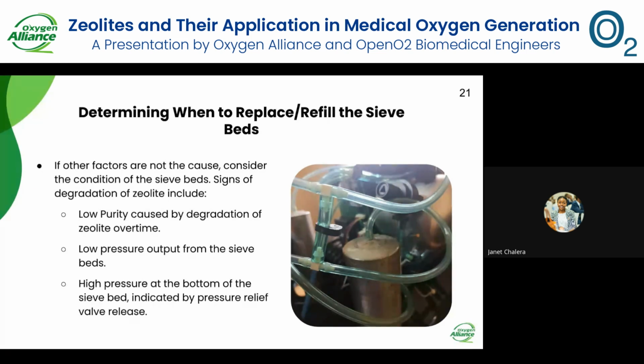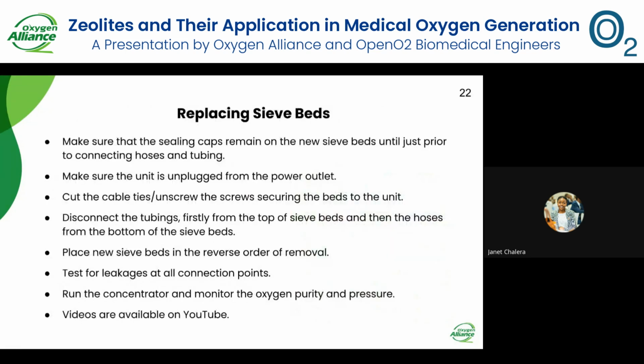And lastly, you can consider the pressure at the bottom of your sieve beds. If you find that the pressure is higher than the recommended pressure, it could also mean that your zeolite has been clogged or has obstructions, which can lead to the pressure relief valve releasing.